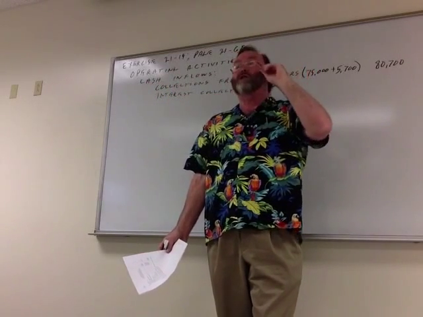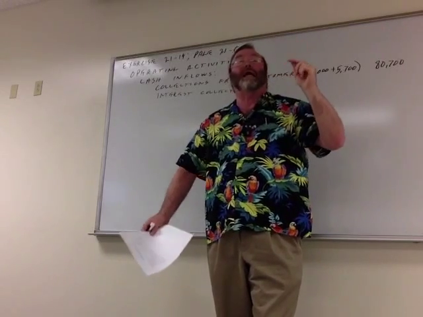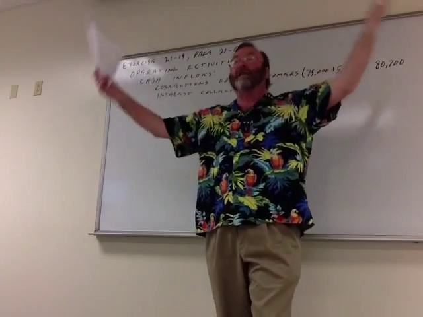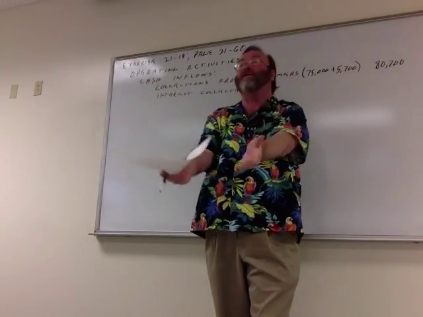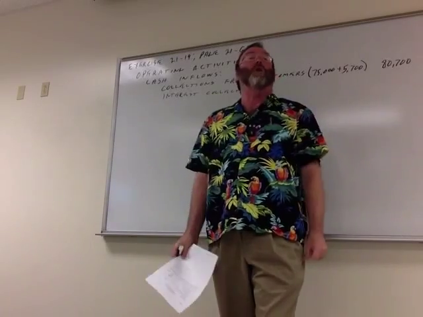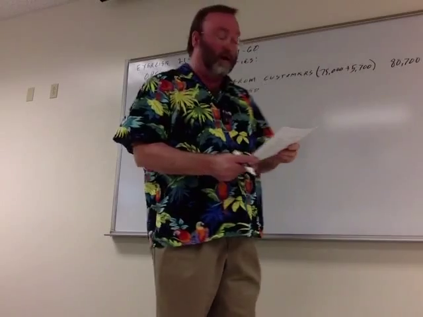Does everyone understand that? Because if we bought it at a discount, then our interest revenue is going to be higher than the cash we received. Because we got the extra revenue by buying it for less than face value. The opposite would occur if we had bought it at a premium. That doesn't exist now. It will exist in a later problem that I do.